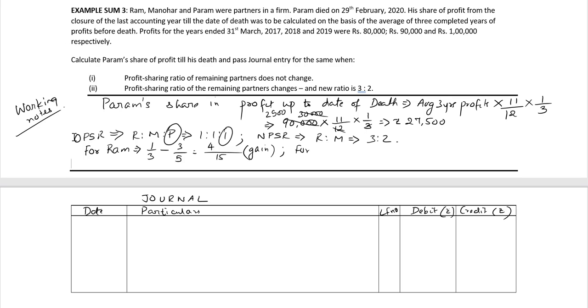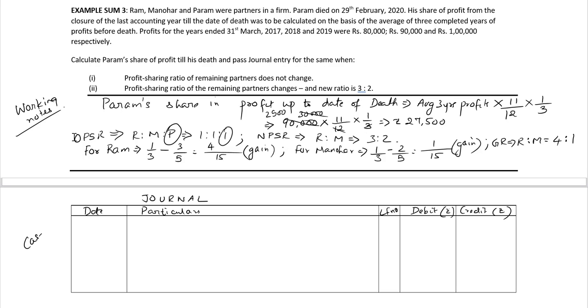For Manohar, old share 1 divided by 3 minus the new share 2 divided by 5, 1 divided by 15, and Manohar also gains. Hence the gaining ratio between Ram and Manohar is equal to 4/15 is to 1/15 or 4:1. So let's go ahead with the solution to case 2.